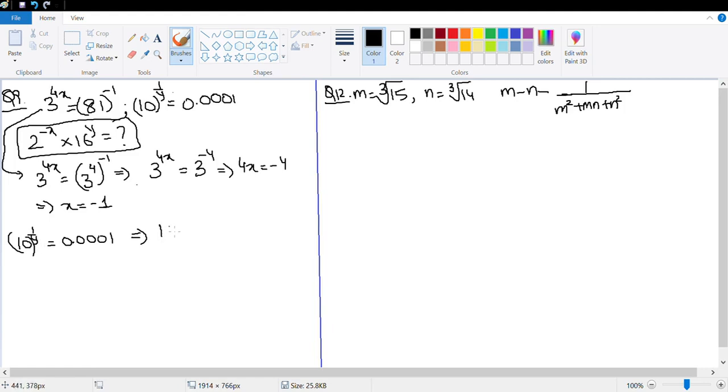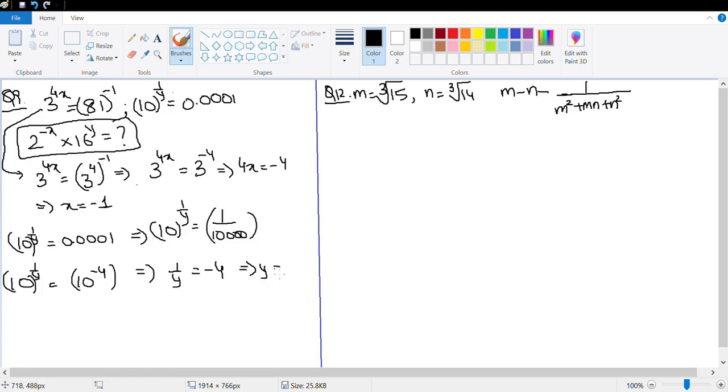This is 1 upon 1 with 1, 2, 3, 4 zeros. Now, 10 to the power 1 by y can be written as 10 to the power negative 4, which means 1 by y is equal to negative 4, which means y is equal to negative 1 upon 4. So I've got x is equal to negative 1 and y is equal to negative 1 upon 4.